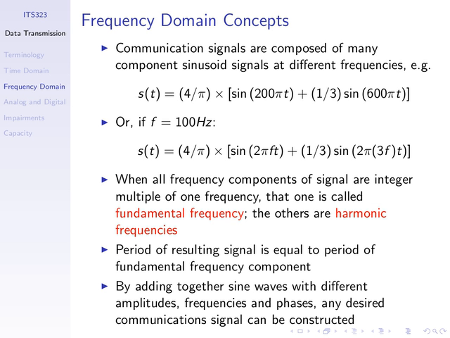Just addition of them. Because the two components have frequencies which are integer multiples of one of them, the resulting signal has a fundamental frequency of 100 Hertz. That is, the frequency of signal 1 equals 100 Hertz. So in fact, the frequency of this signal is the same as this one.